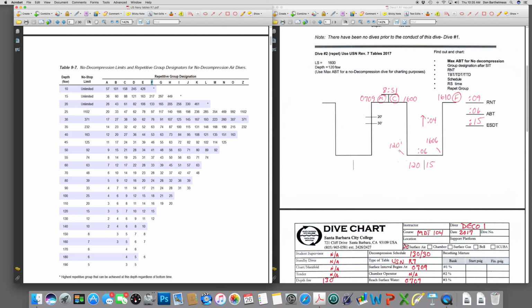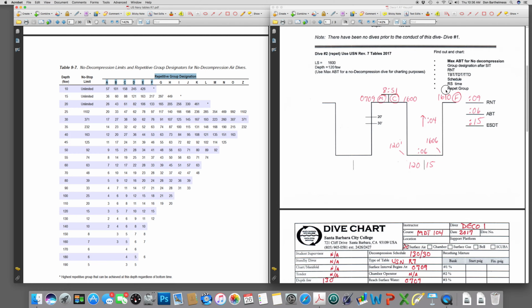There are no stops required, so I'm traveling 240 seconds, which happens to be divisible by 60, a nice round 4 minutes. So in a perfect world, traveling at 30 feet a minute, 60 goes into 240 exactly 4 times. I reach the surface at 1610. 1606 plus 4 is 1610, and I am an F diver. 120 for 15 puts me on the surface as an F diver.